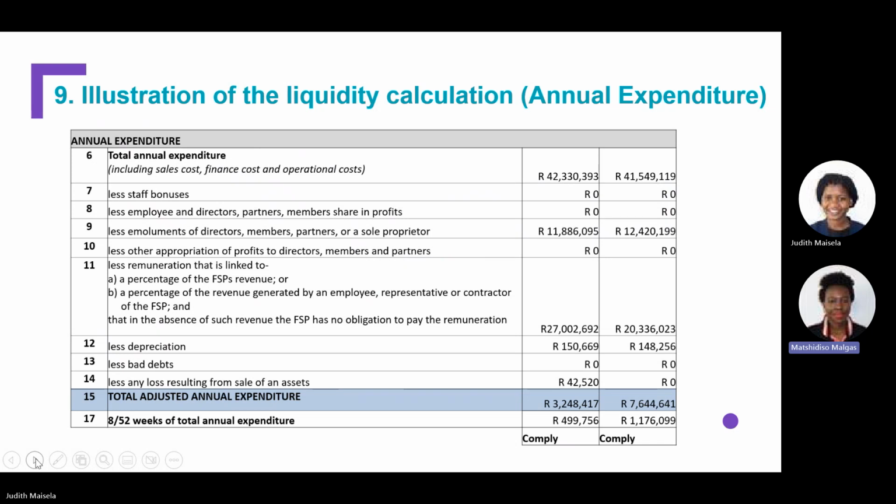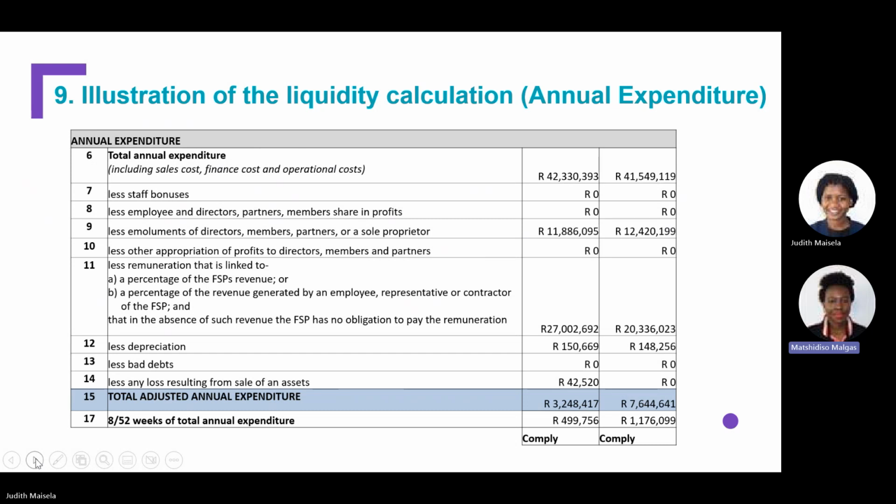This amount then we need to compare with the amount we got from the previous slide, that is the liquid assets. But we don't compare this whole figure against liquid assets. We need to calculate what we consider to be a comparison to the liquid assets, depending on the FSP's license category. For this particular FSP, they use 8/52 weeks of the total annual expenditure.